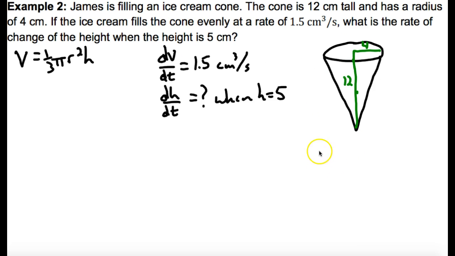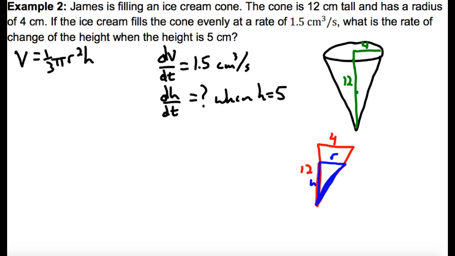So I'll sketch this idea out again here. I know this is 4 and this is 12, and we're taking some smaller piece, looking at whenever the ice cream is filled up to when h is 5. So this is r, this is h.